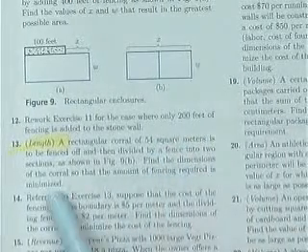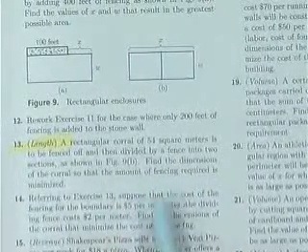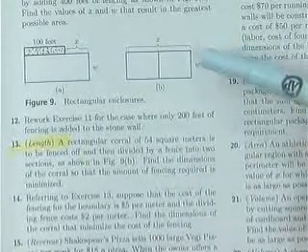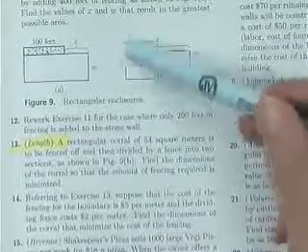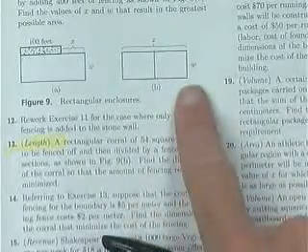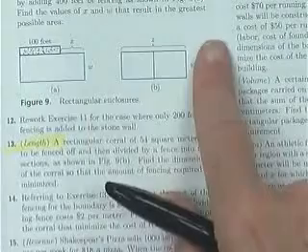Find the dimensions of the corral so that the amount of fencing required is what? Minimized. Where's the fencing going? All around these places. So give me the formula for the amount of fencing based on this figure. It would be 3W plus 2X.